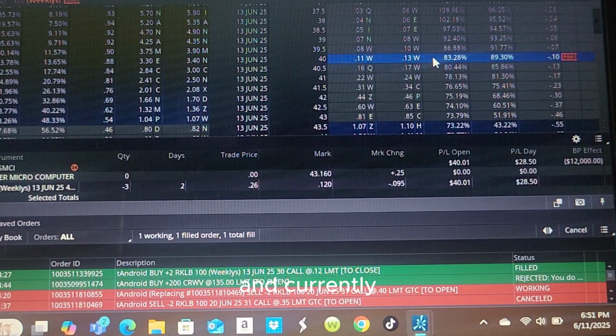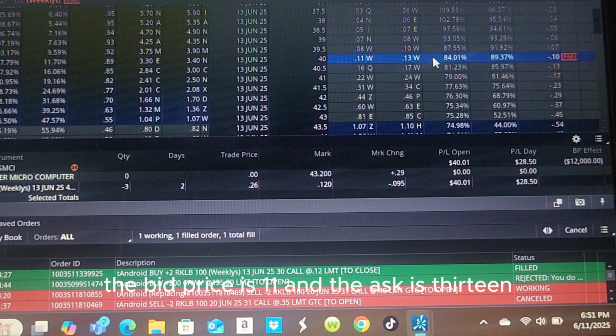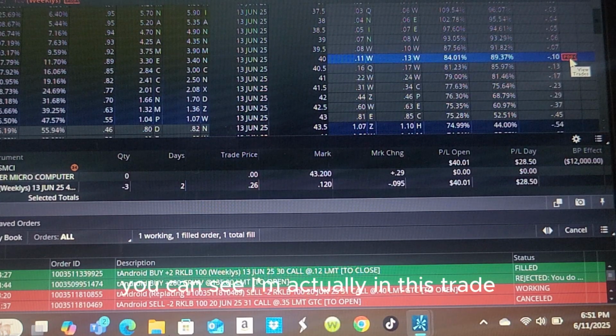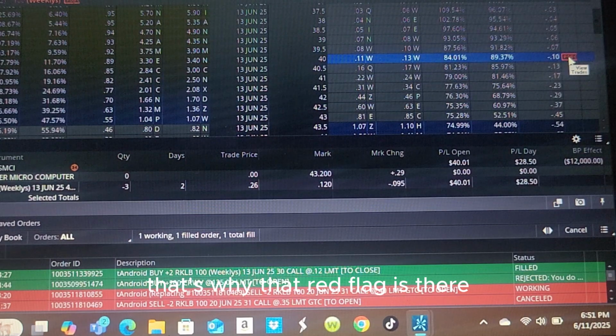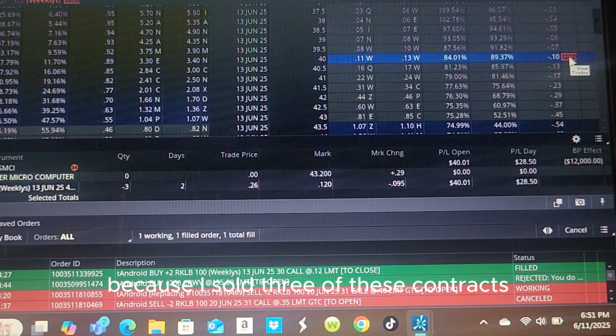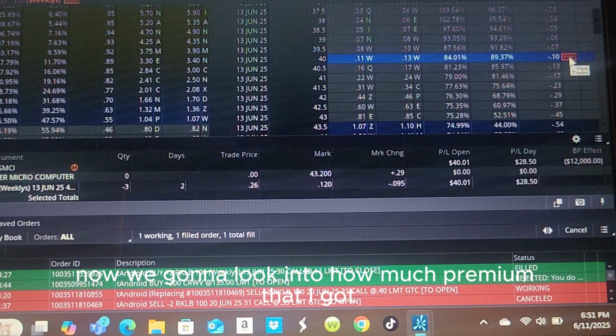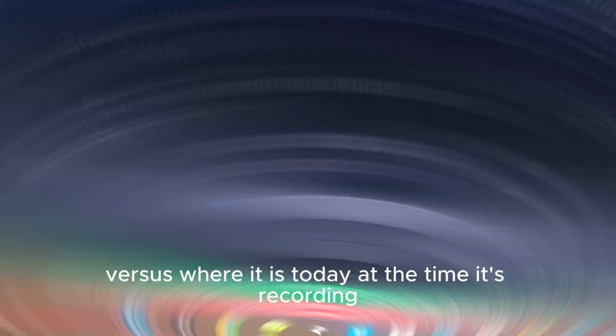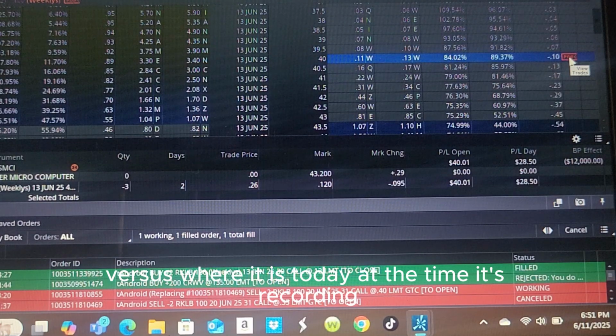And currently, the bid price is 11 and the ask is 13. You can see I'm actually in this trade. That's why that red flag is there, because I sold 3 of these contracts. Now we're going to look into how much premium that I got versus where it is today at the time of this recording.